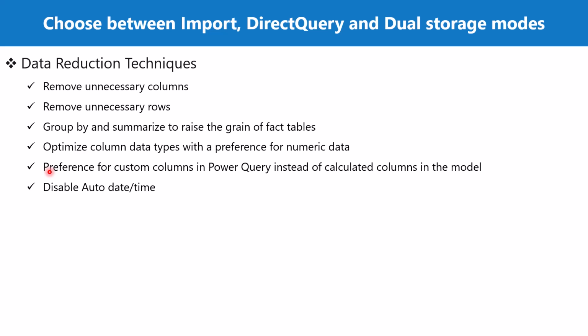But the preferred approach is that if you have to create new columns in the data, whether it is to be done in the fact table or in the dimension table, then instead of doing it inside of DAX by using calculated columns, use the Power Query editor to create custom columns. So this is very, very important: if you have to create new columns, then do it in Power Query.